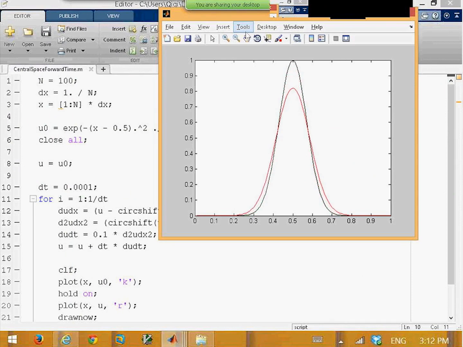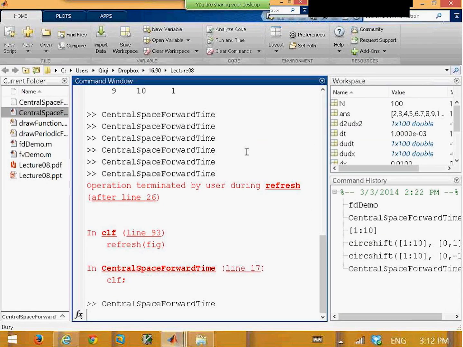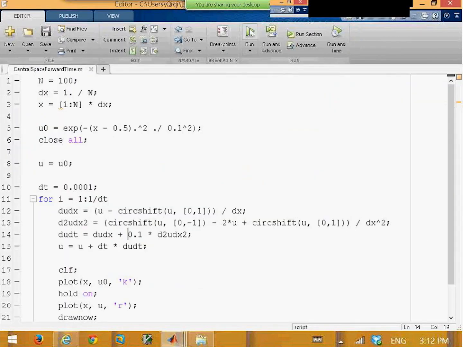All right, so we can see the solution of this PDE agrees with the analytical behavior of the PDE, which is that the solution diffuses out. It becomes less sharp. And we can even combine these two terms. We can do a du dx plus this, a convection diffusion equation. Let me cancel this.